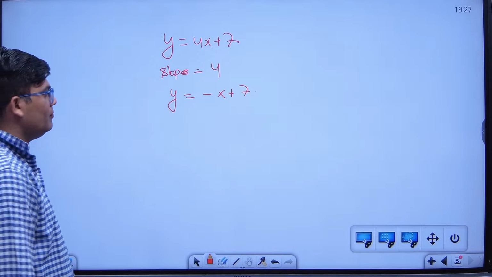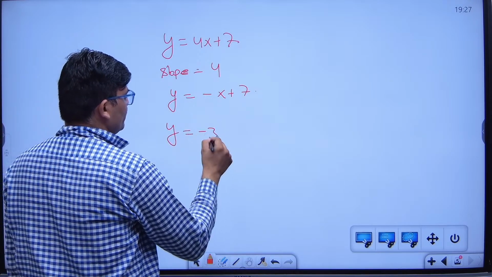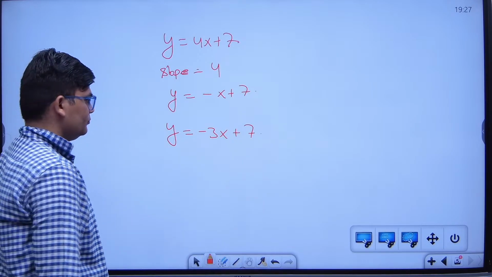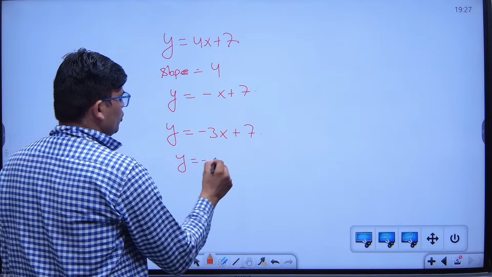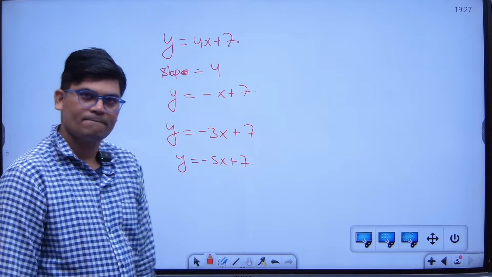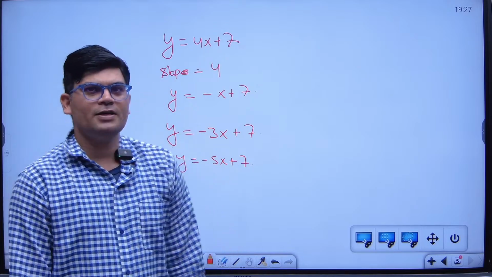Minus 1. Can you tell me what is the slope of this graph? Minus 3. Can you tell me what is the slope of this graph? Minus 5. Very good. So the first thing you can draw out from the graph is slope.